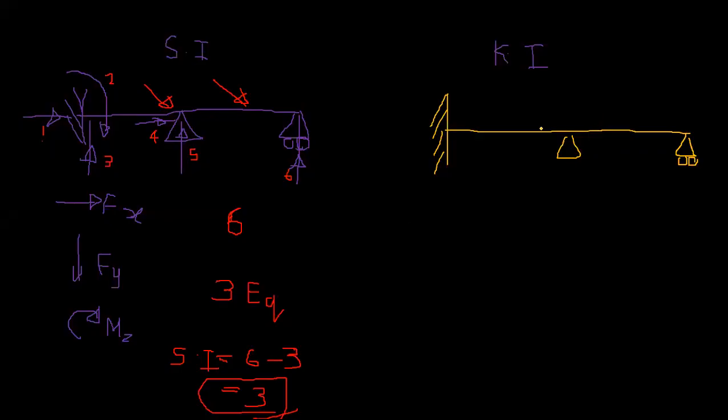So what are the unknown displacements? Here, all the three displacements which can occur are 0, so those are known. But here you can see it cannot move in this way and this way, but it can rotate.